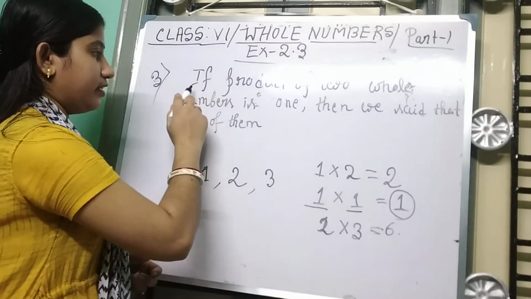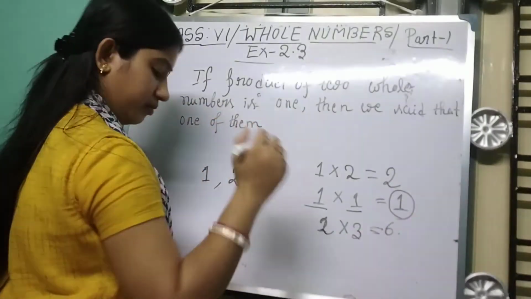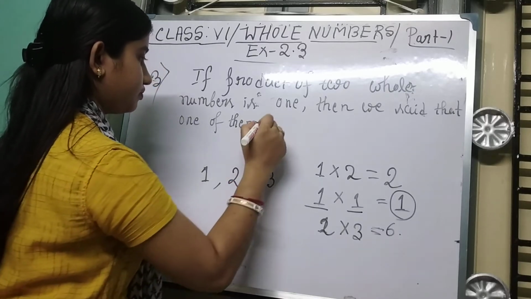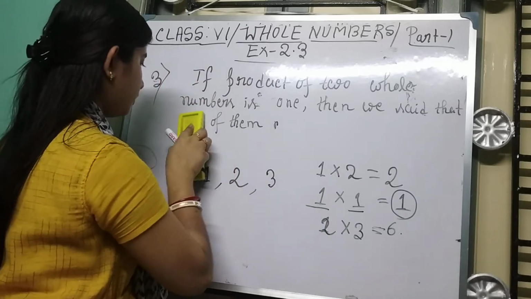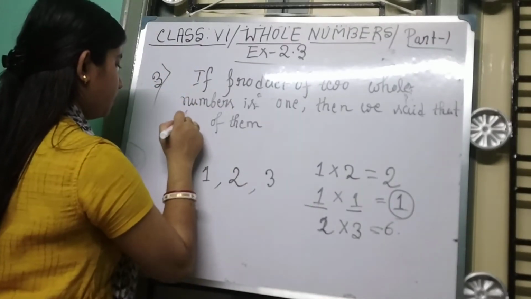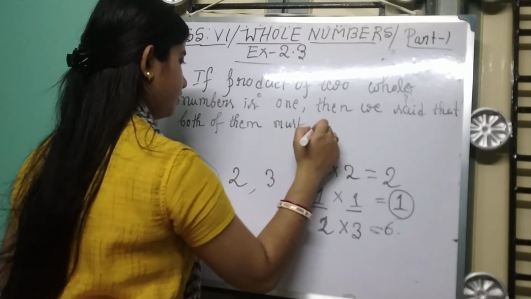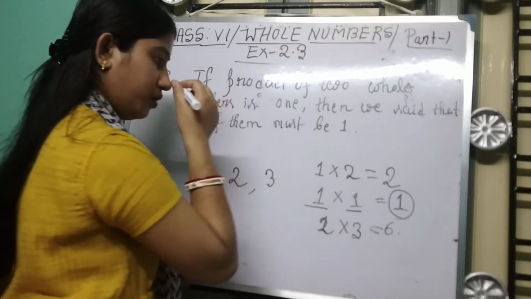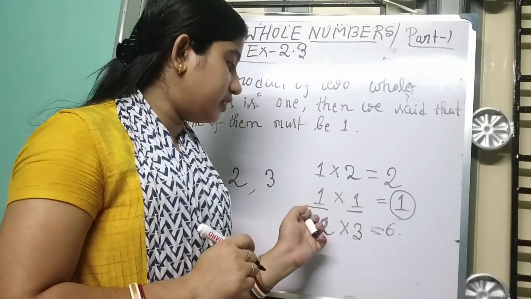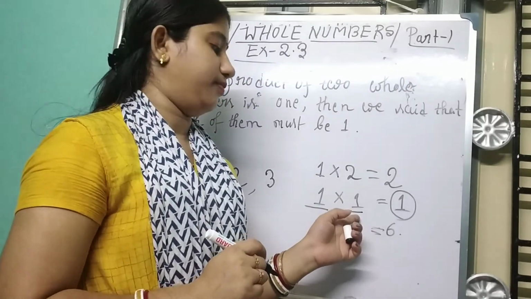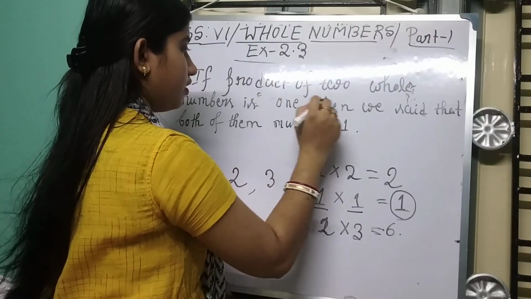So if the product of two whole numbers is 1, then we say that both of them must be 1. So if the product of two whole numbers is 1, then obviously both whole numbers are 1.